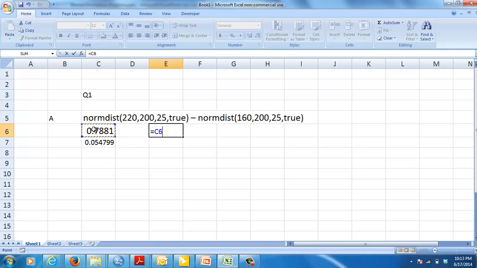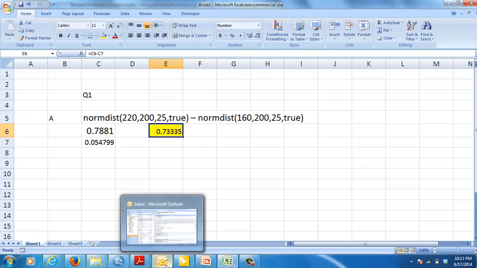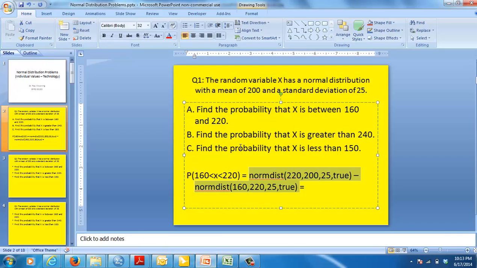Equals this minus this, which is this number. I'll knock off two decimal places and give you 0.7333. Actually this should be a 4: 0.7334.